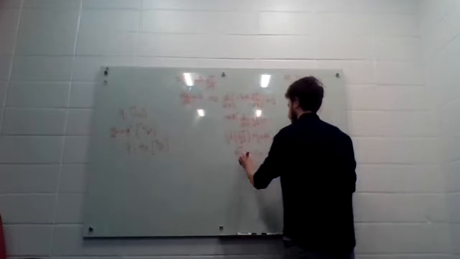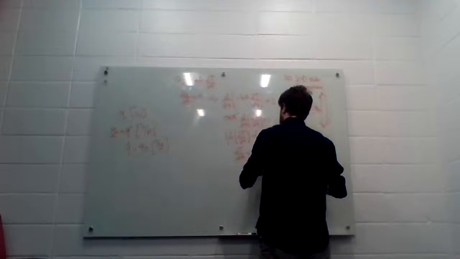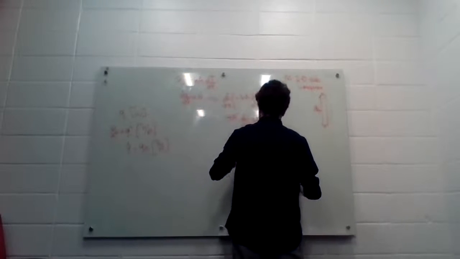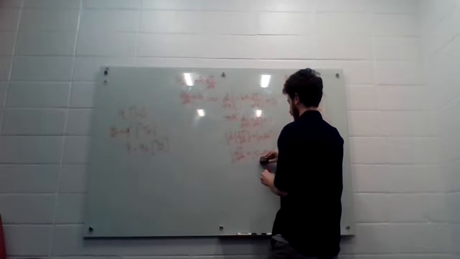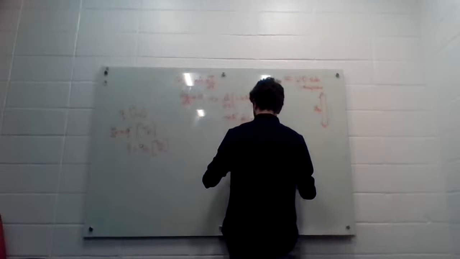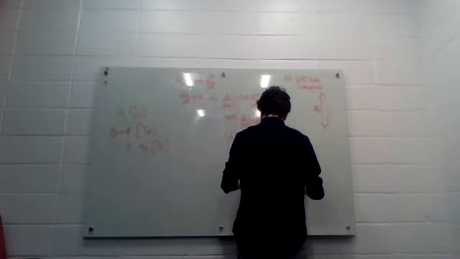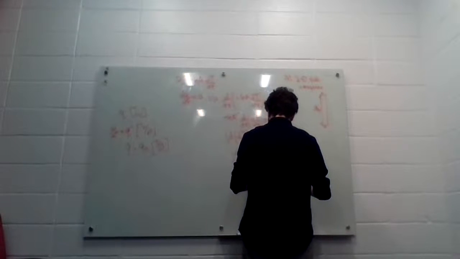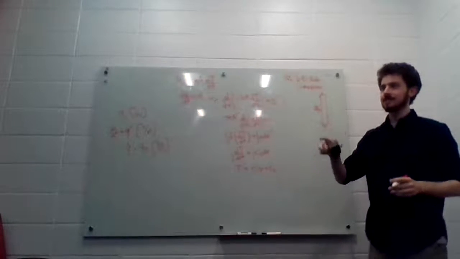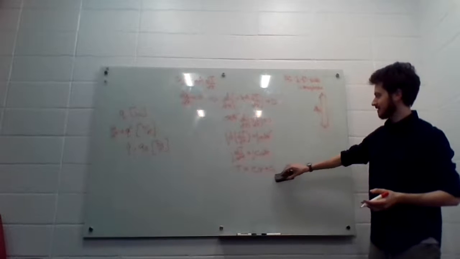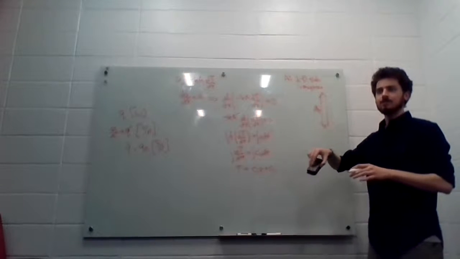Do the same thing again, bring dx up to the right, integrate both sides. Now we've got a constant C1 dx, so we get T equals C1x plus C2. So as Francesca said, yes, it's just a line. This is slope, intercept.